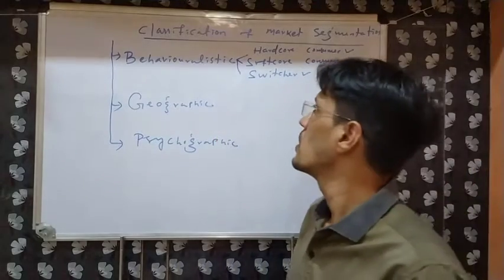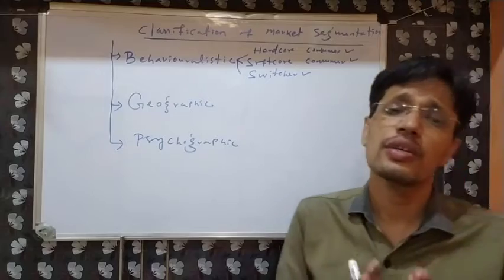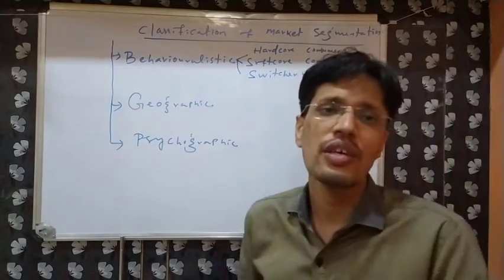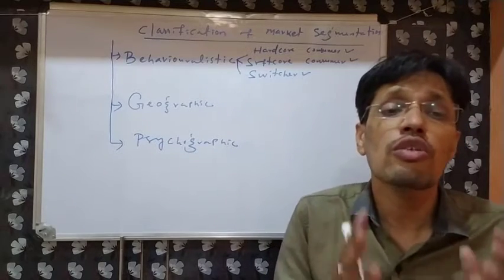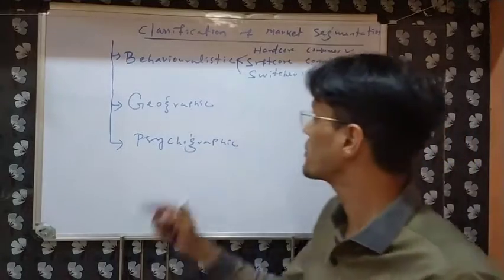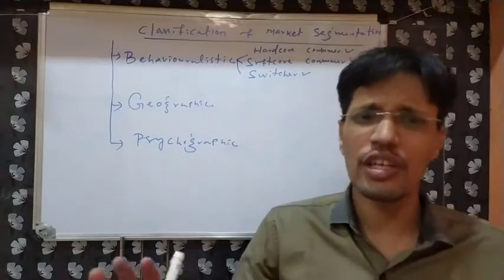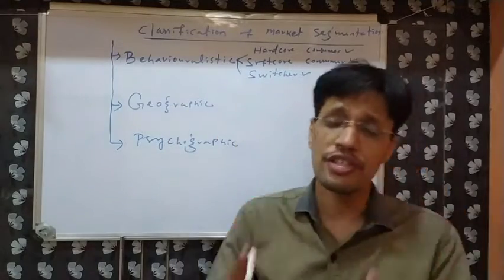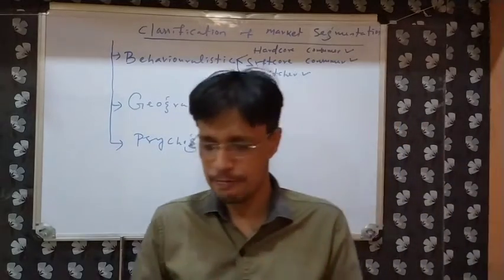Students, this is the segmentation that a marketer usually does, according to the behavior a consumer shows, according to the loyalty of a consumer to a specific brand. What is a hardcore consumer? In the market, generally we find people who are very strict, very specific to a particular brand or product.